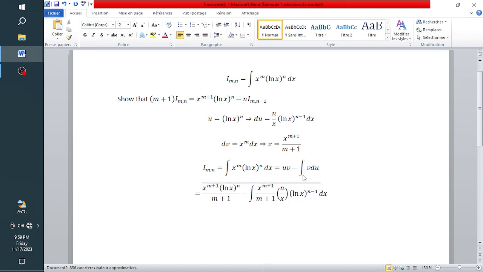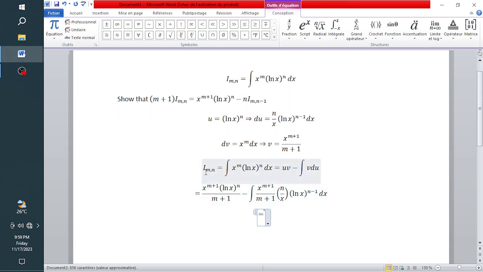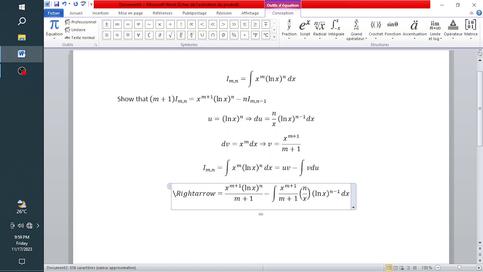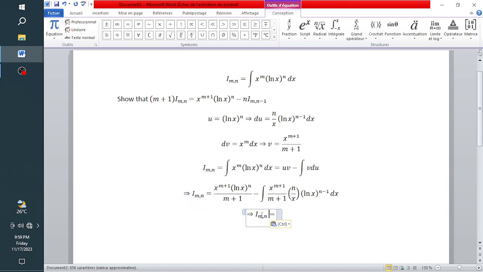Okay, so let us simplify. Remember that it is I of m comma n which is equal to this, so it's better we write it down. So this means that I of m comma n is equal to, now here I'm going to factorize in this integral. Let me explain what I'm saying.